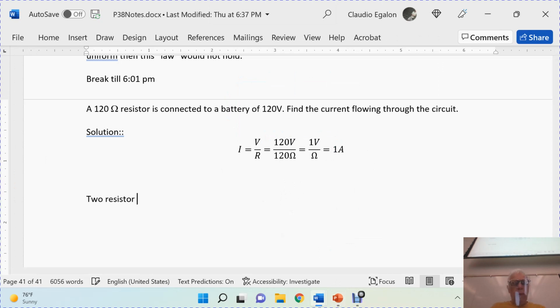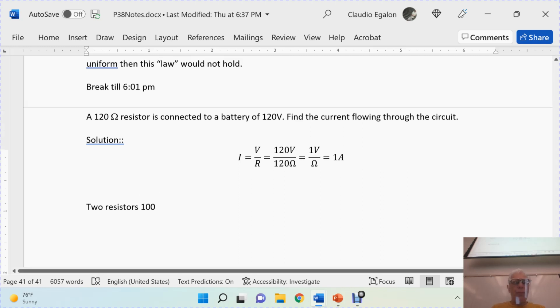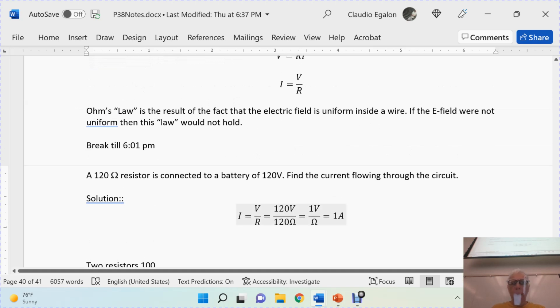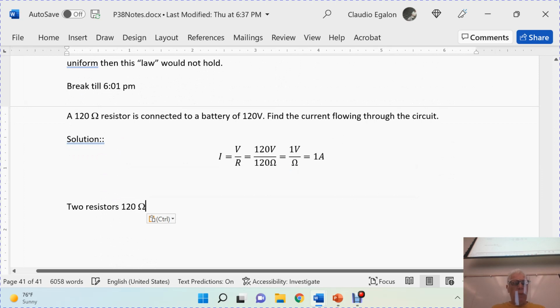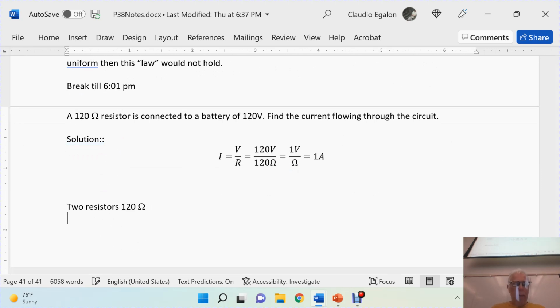Two resistors, let's say 120 ohms and 200 ohms are connected in series to a 10 volt battery.